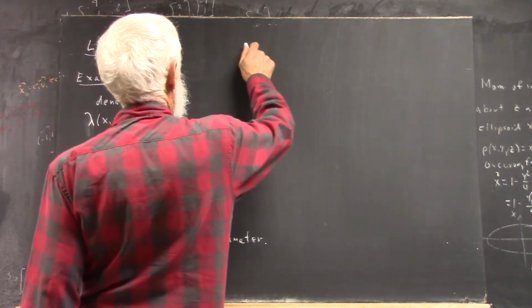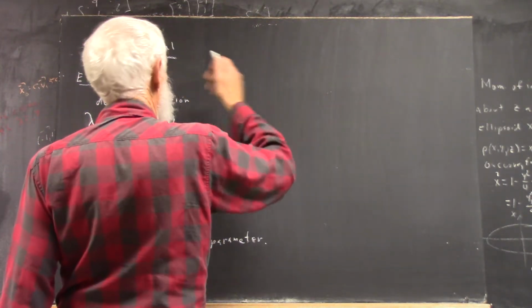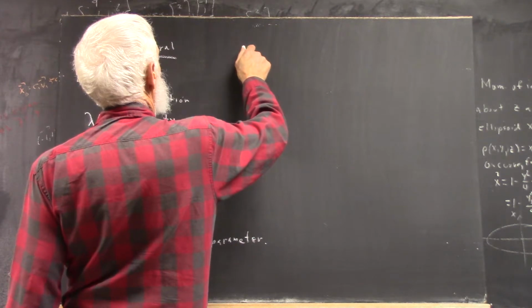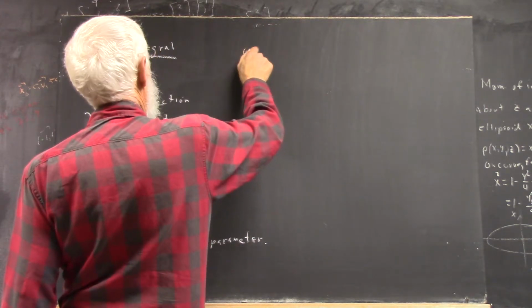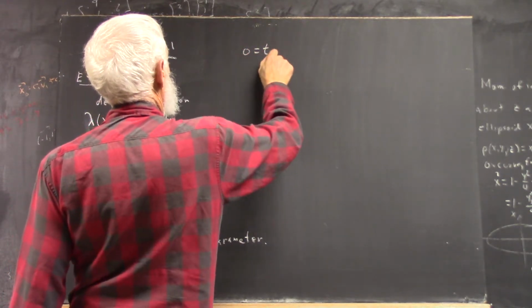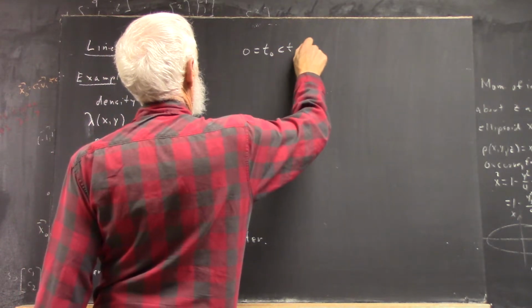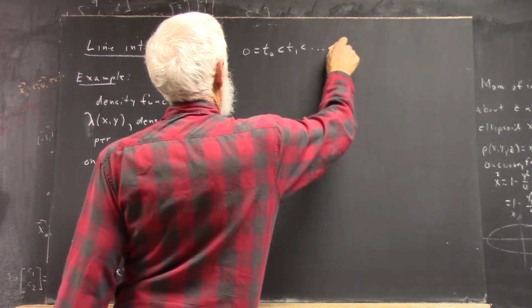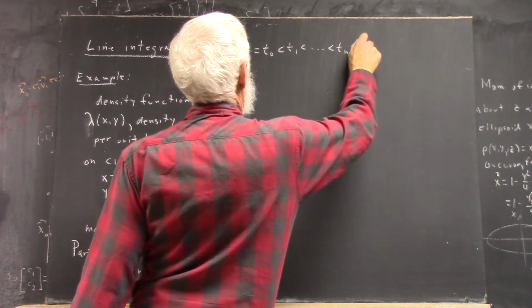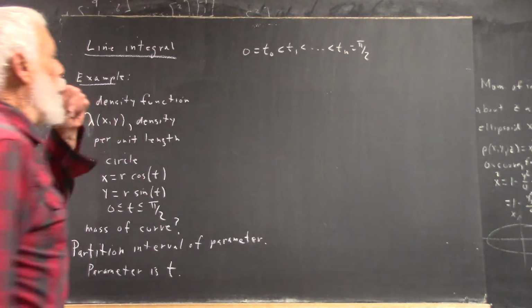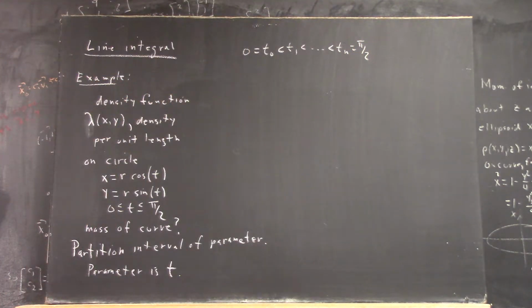We want to partition t. So we're going to use 0 equals t naught less than t1 and so forth, less than tn, which equals pi over 2.